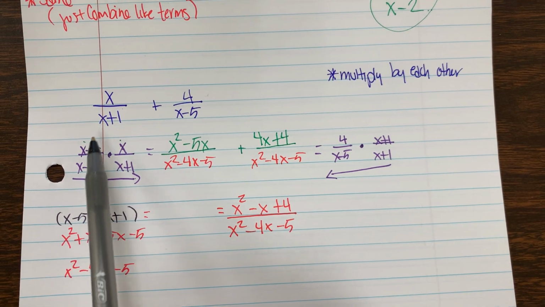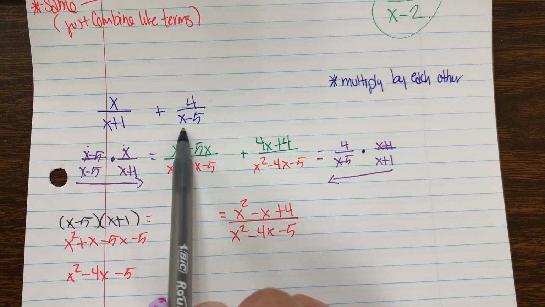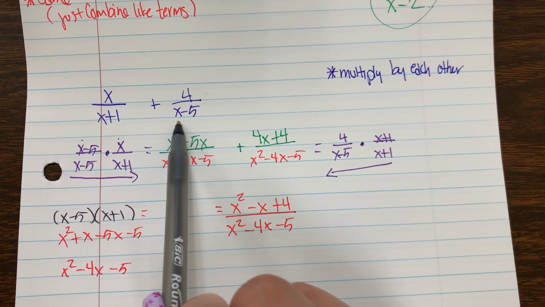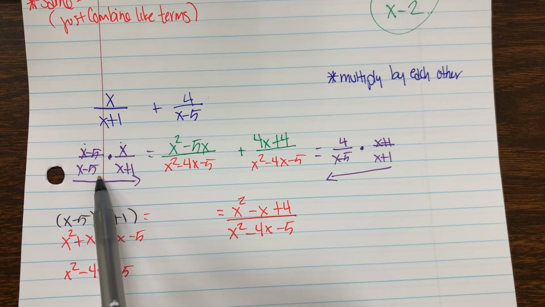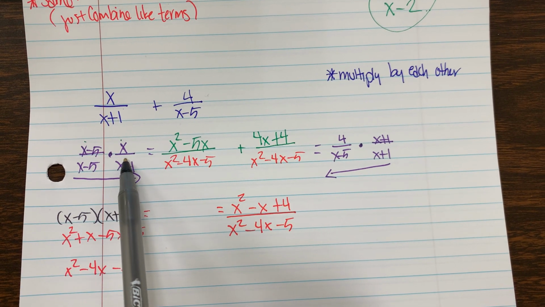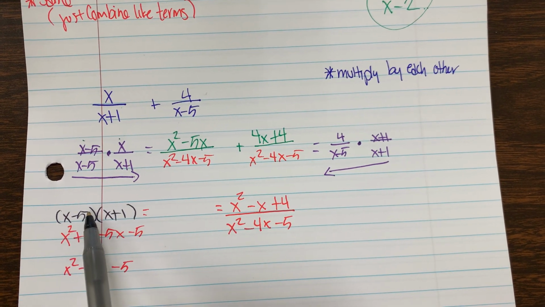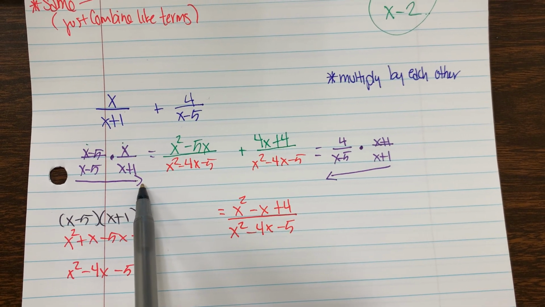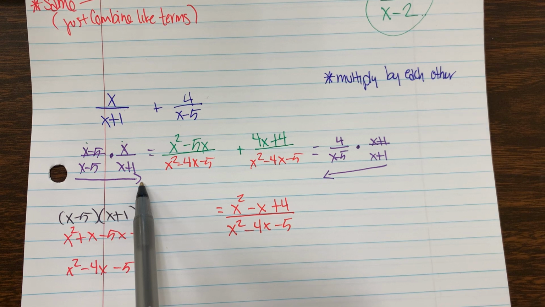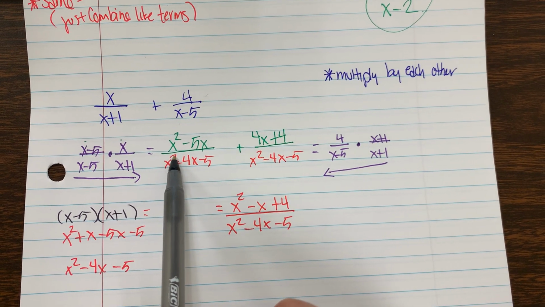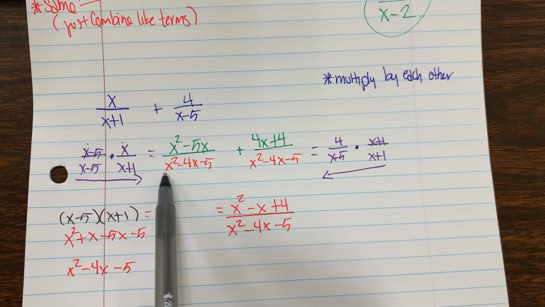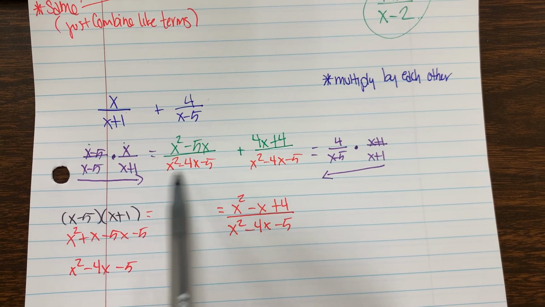So my x over x plus 1, I'm going to multiply it by the denominator of what we're adding. So here I put x minus 5 times x over x plus 1. All I did, multiply across the way we always multiply them. And I got x squared minus 5x over x squared minus 4x minus 5.